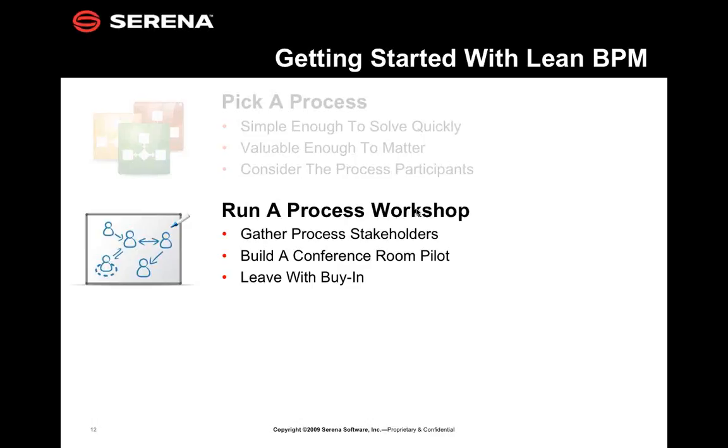Get them all thinking about what it is that they want to have done. Get everyone in a conference room if you can. If not, you can do it over the web just as easily. I'll show you here in a minute how, if you've got a well-understood process to begin with, you can just start sketching things out directly within a visual designer.